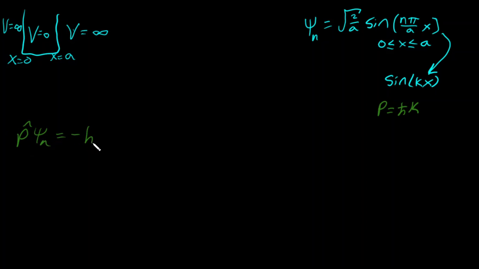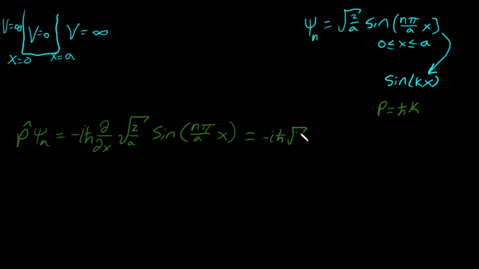So let's see what happens. If I plug in what this is, negative i h bar d by dx of root 2 over a sine of n pi over a x, and we do this derivative using just the chain rule, we end up getting negative i h bar root 2 over a times n pi over a cosine of n pi over a x.